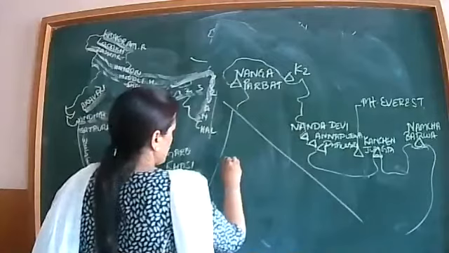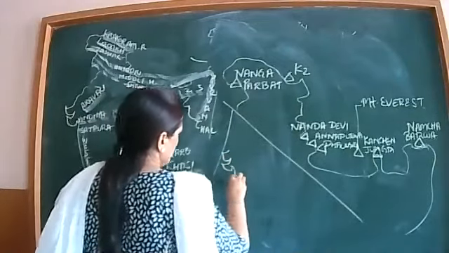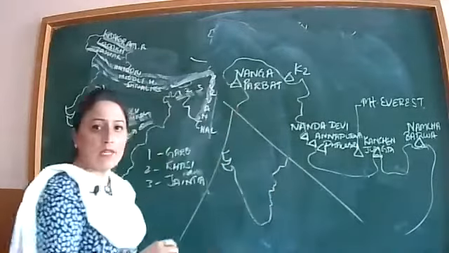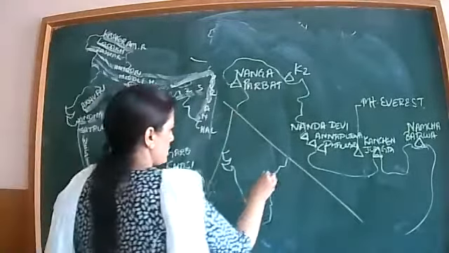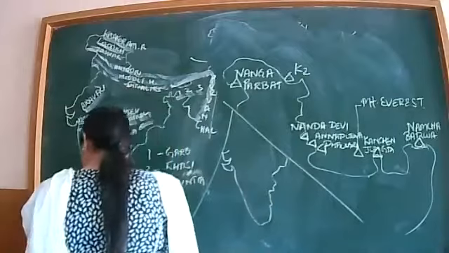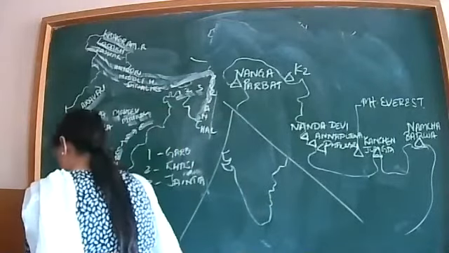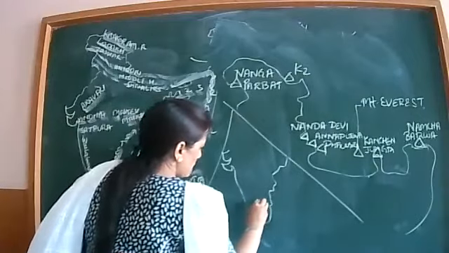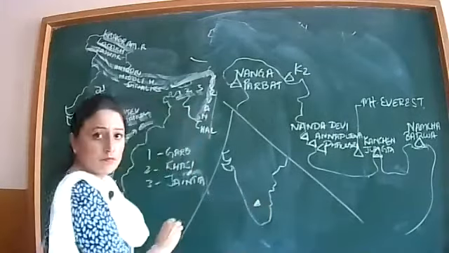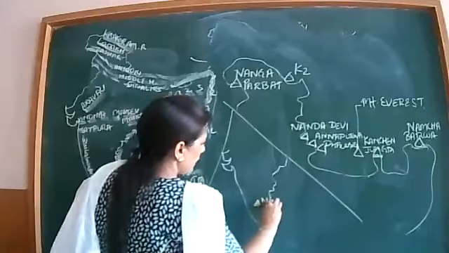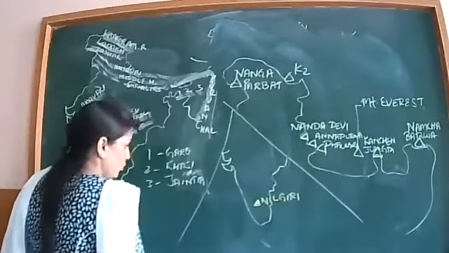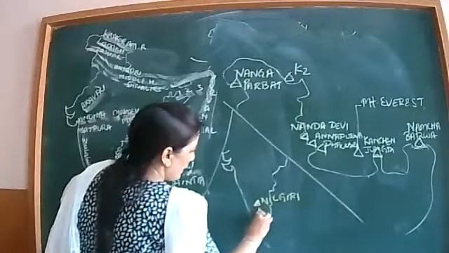So here I'm making only the southern area. I think it is visible to every one of you. Here we have the Nilgiri Hills. Below Nilgiri, we have Anaimudi.